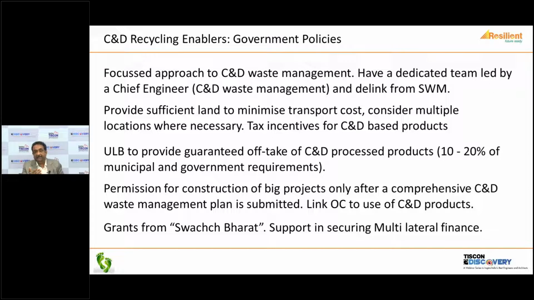In many places, the person who is going to put up the facility will not have access to multilateral finances from ADB or IMF. So you should provide some support so that they secure loans at lower rates, which makes it all the easier.